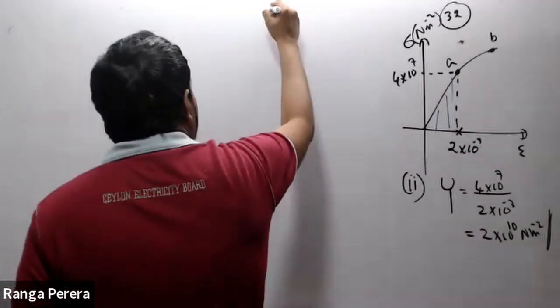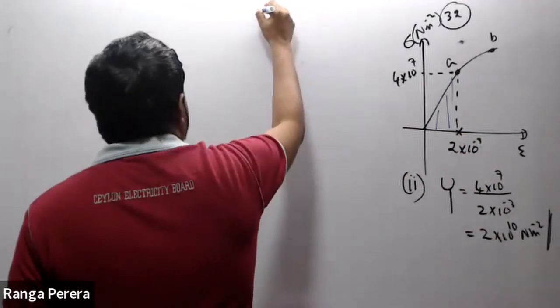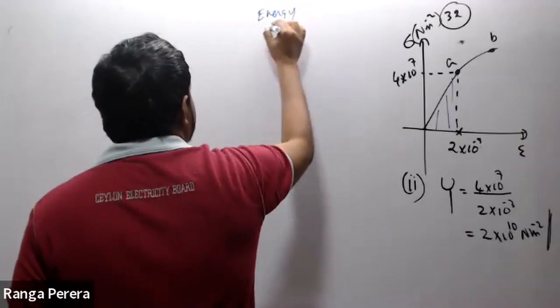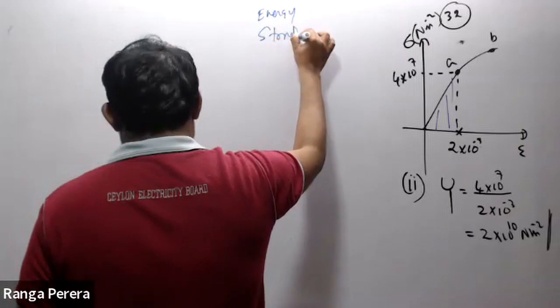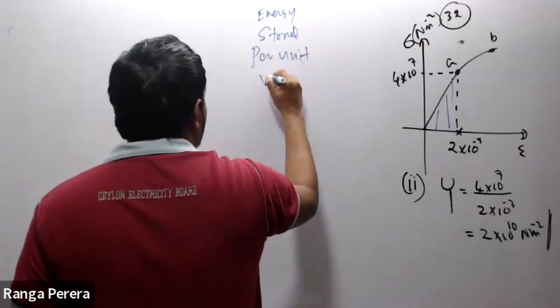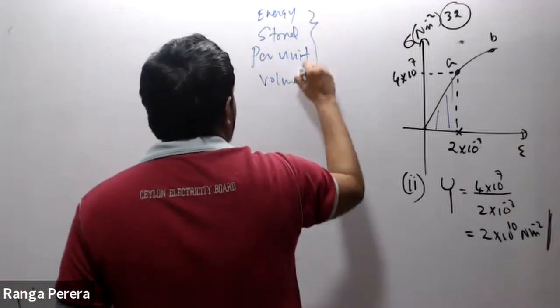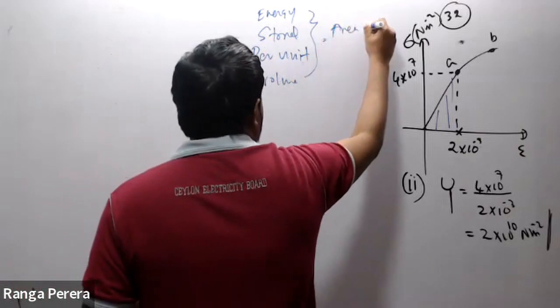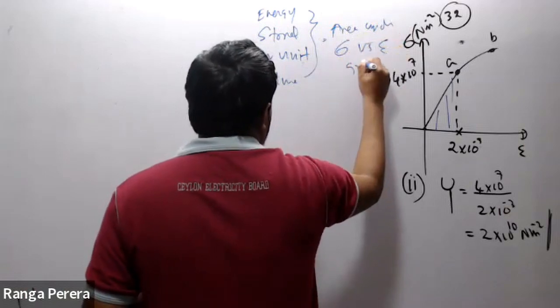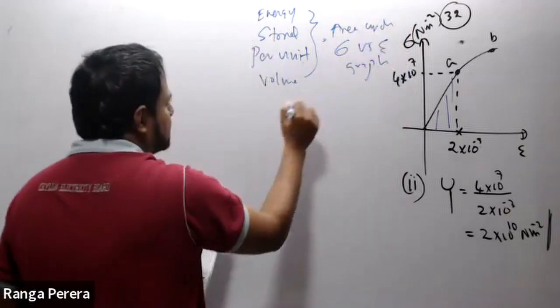The stored energy per unit volume equals the area under the stress versus strain graph. These things are for you to understand.